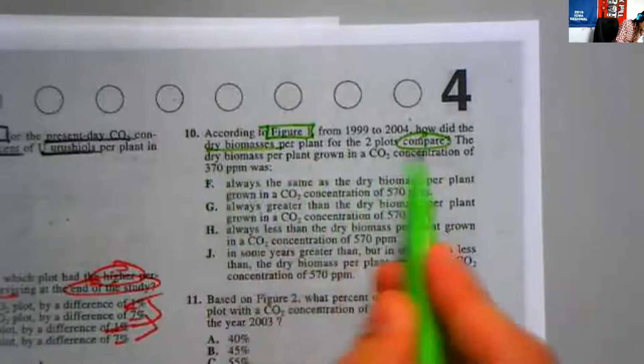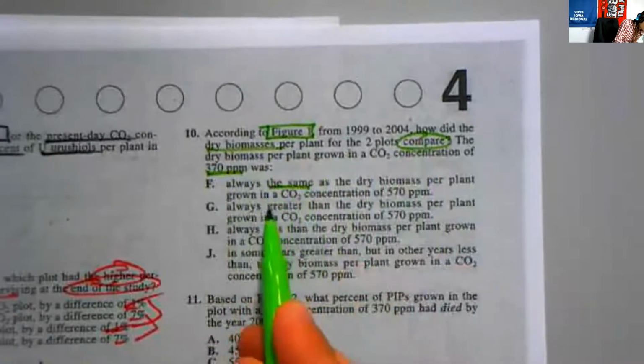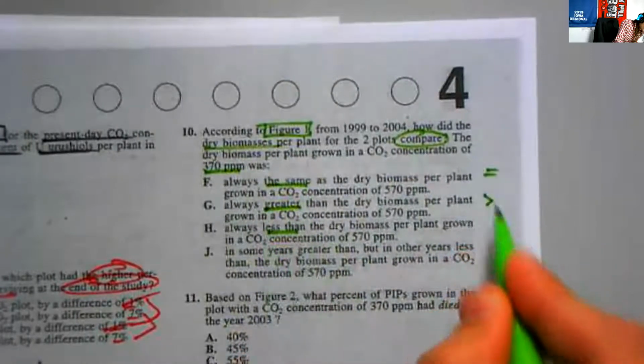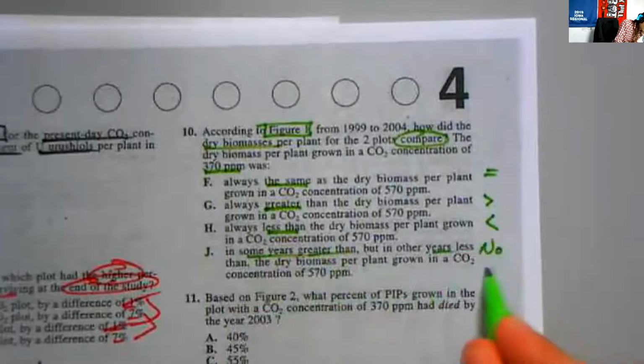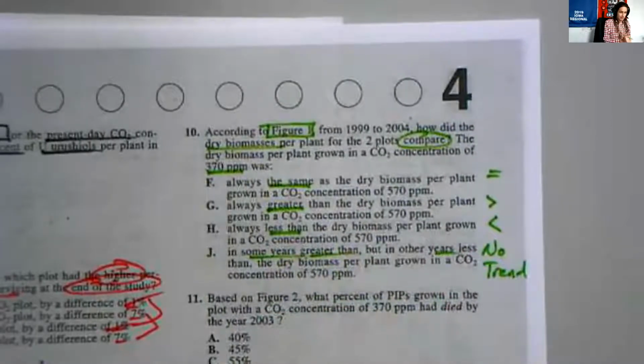The dry biomass at 370 was always the same, always greater, always less than. We have an equal to, we have a greater than, we have a less than, and then we have the in some years greater than, but other years less than. This is kind of like the no trend option. So we go back and look at figure 1 and we say, well, who's on top?